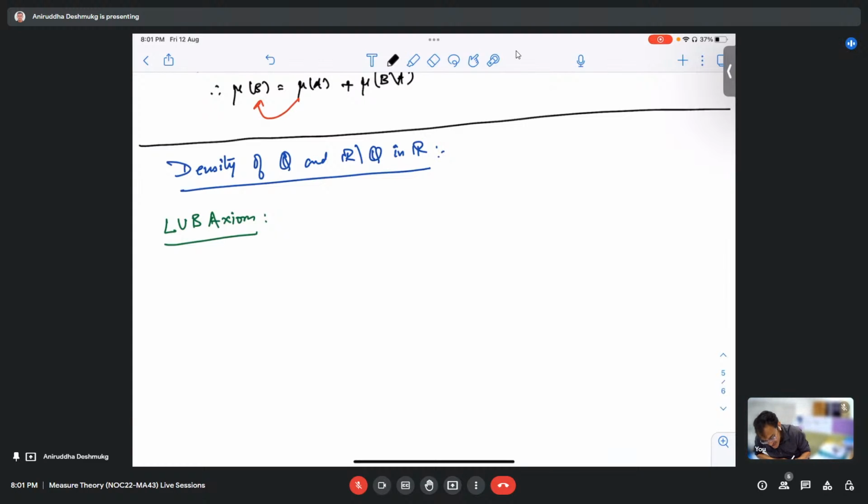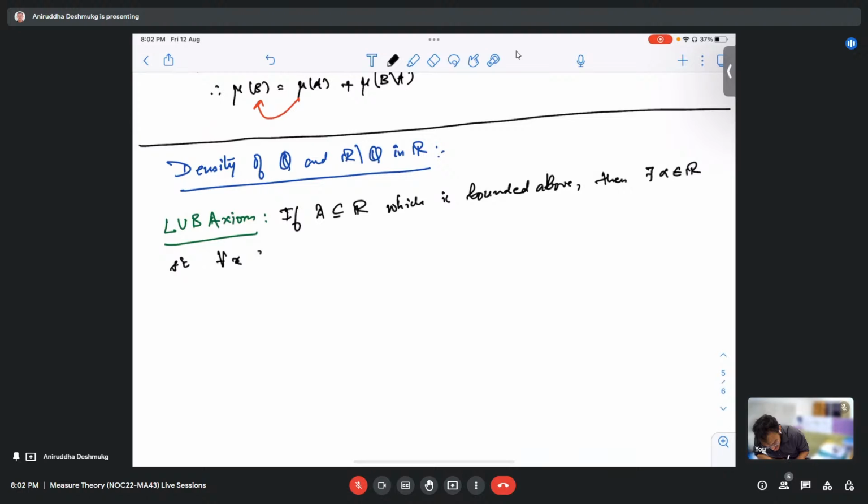Okay. What it says is that if A is a subset of R which is bounded, or particularly bounded above, then there is a real number alpha such that for each x in A, x is less than or equal to alpha, and for every beta less than alpha, you can find an x in A such that x is bigger than beta.